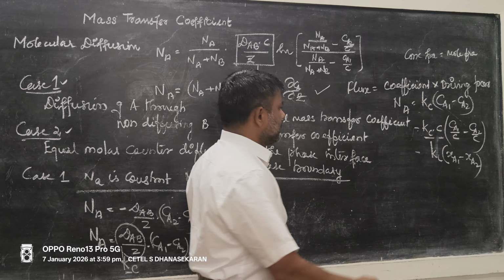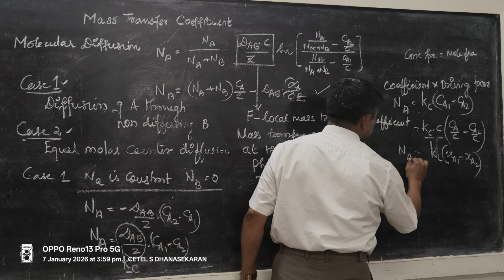Clear? Flux NA is equal to this one. So we have two equations for liquids. NA is equal to KL into XA1 minus XA2. Similarly, NA is equal to Kc into CA1 minus CA2. This is in terms of concentration, and that is in terms of mole fraction.